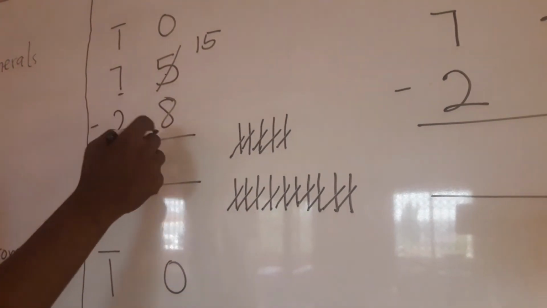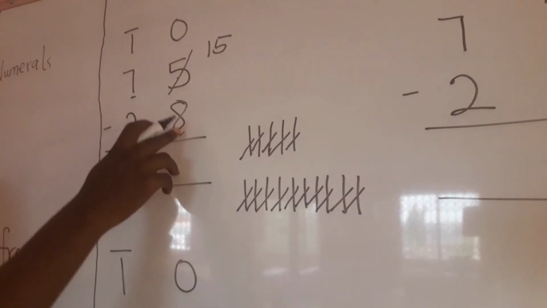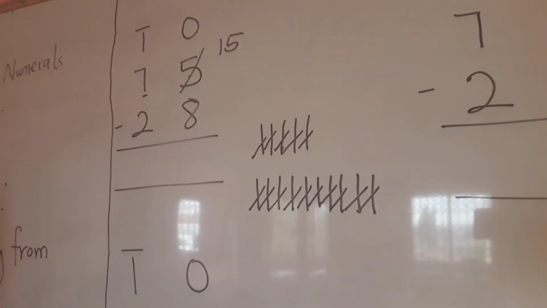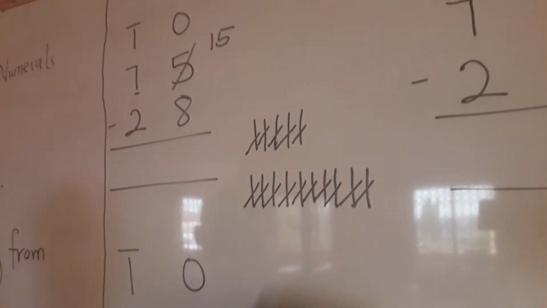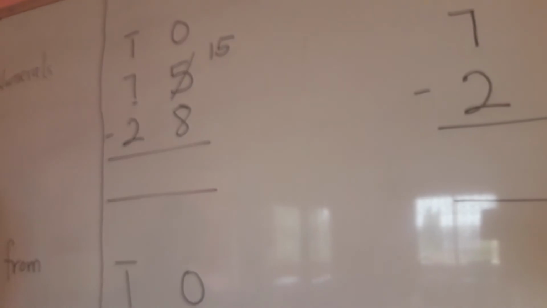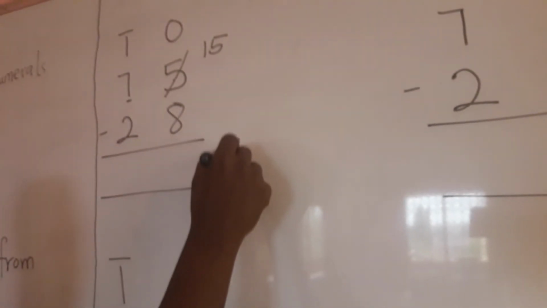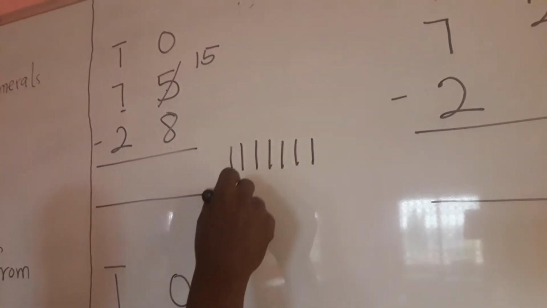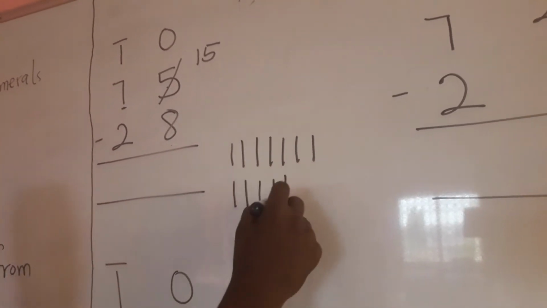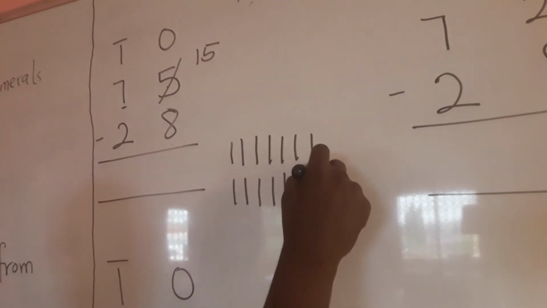Now 15 minus 8. 15 minus what? 8. Now we have 15. We have 15 pencils, and we are taking out 8. Okay, so let's do it together. 1, 2, 3, 4, 5, 6, 7, 8, 9, 10, 11, 12, 13, 14, 15.